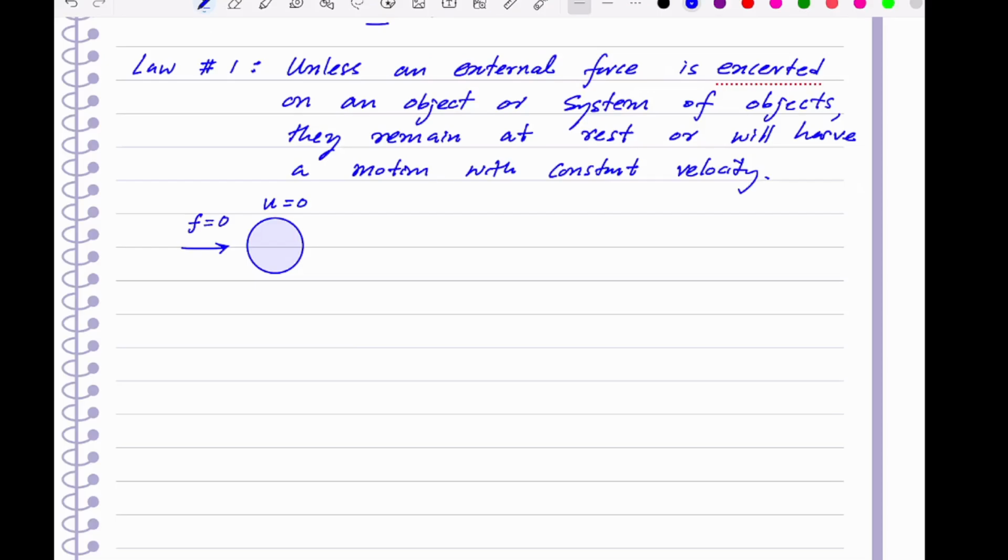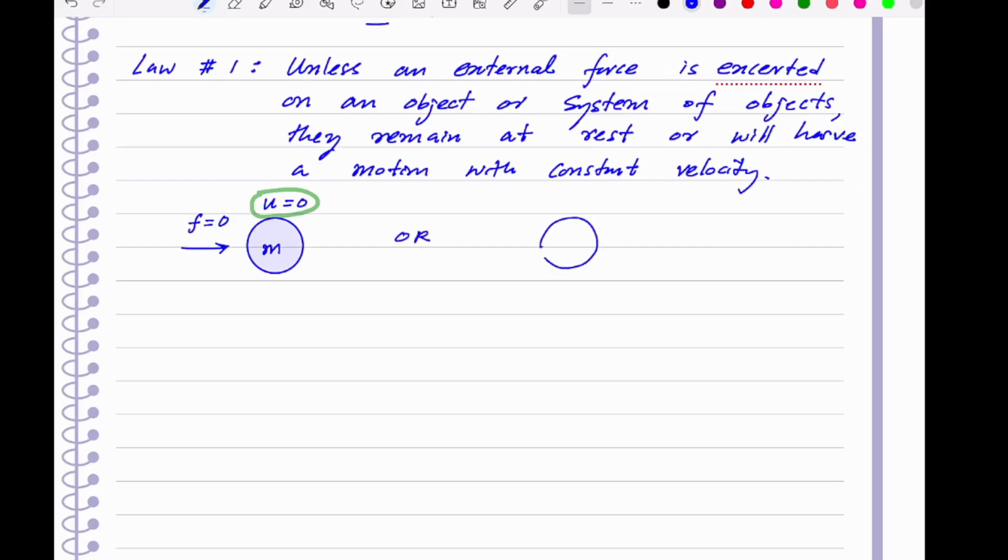This force should be an external force. We will discuss that later. However, the external force is zero, so there is no external force acting on this mass m. So then this remains at rest, so speed is zero. That's what it says.